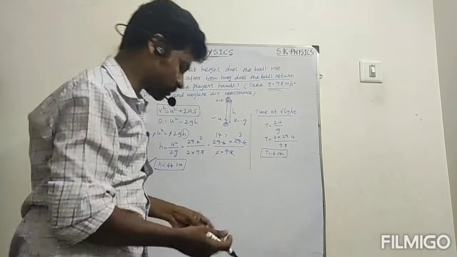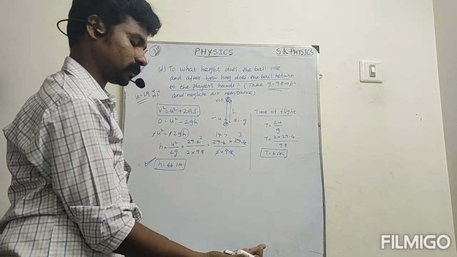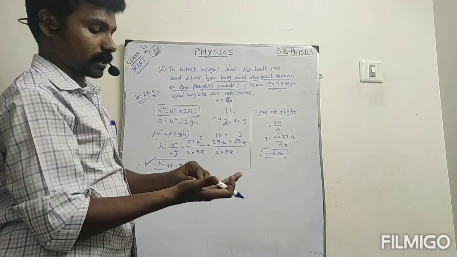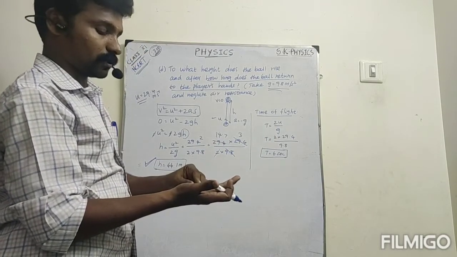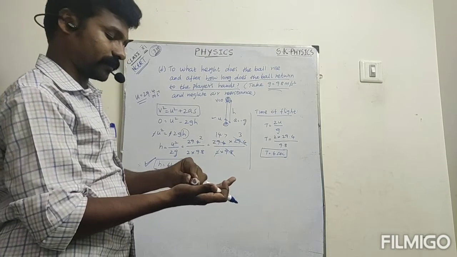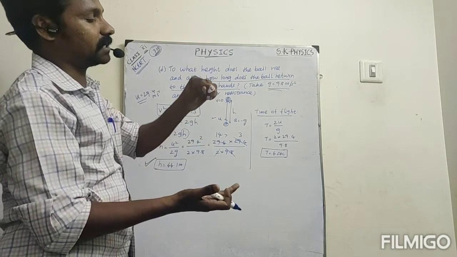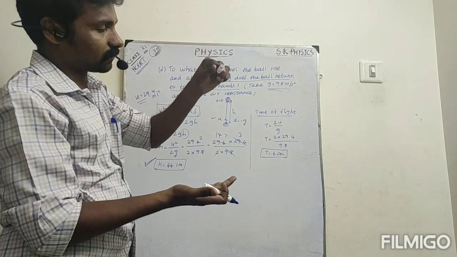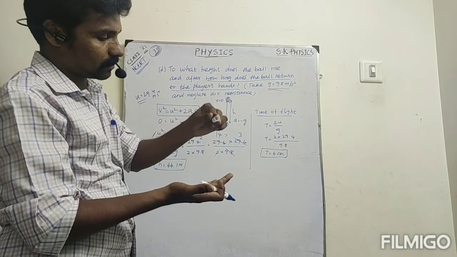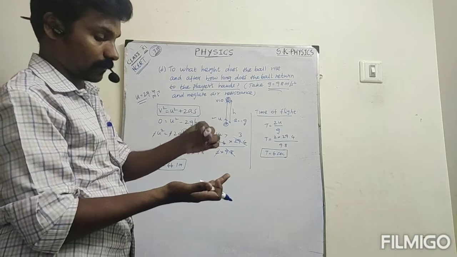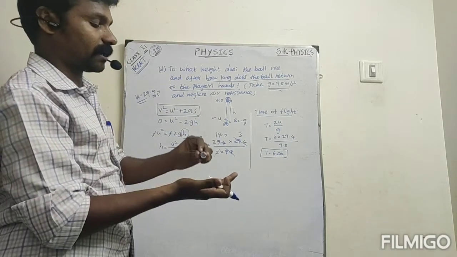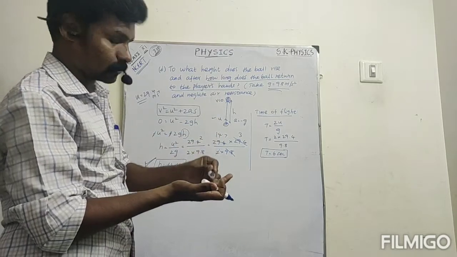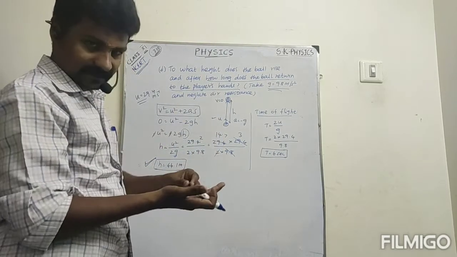Point of projection means the throwing time, which is initially 0. Now it starts to fly, reaches the maximum height, then after that it flies in the opposite direction, towards the gravity, finally reaching the ground. So this is the time of flight.